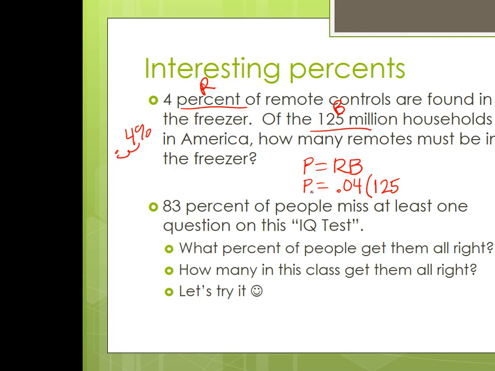Or you can just know that your answer will be in millions. So if I do 0.04 times 125 you get 0.6, so 0.6 million, or 600,000, basically.